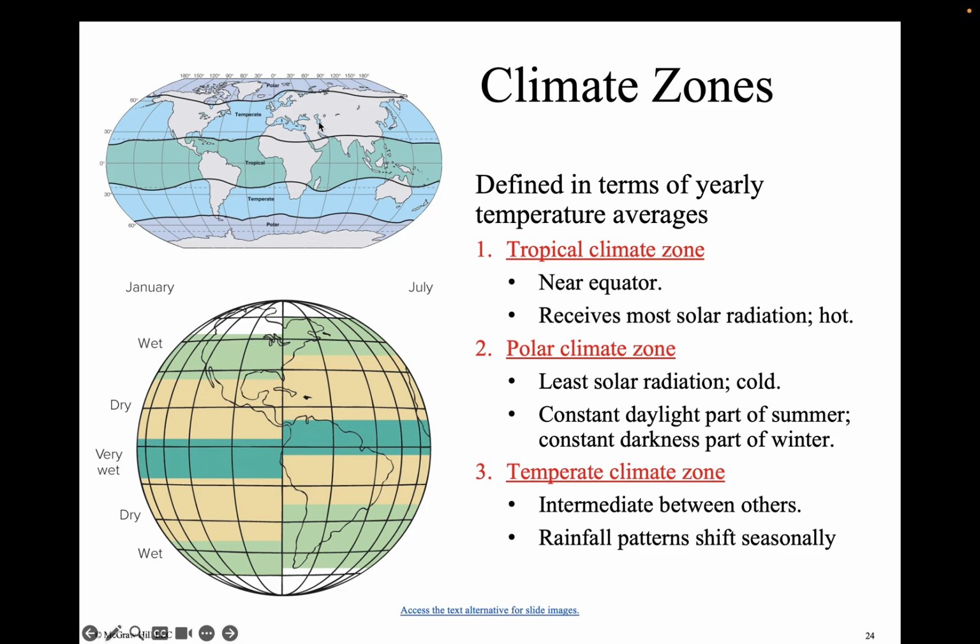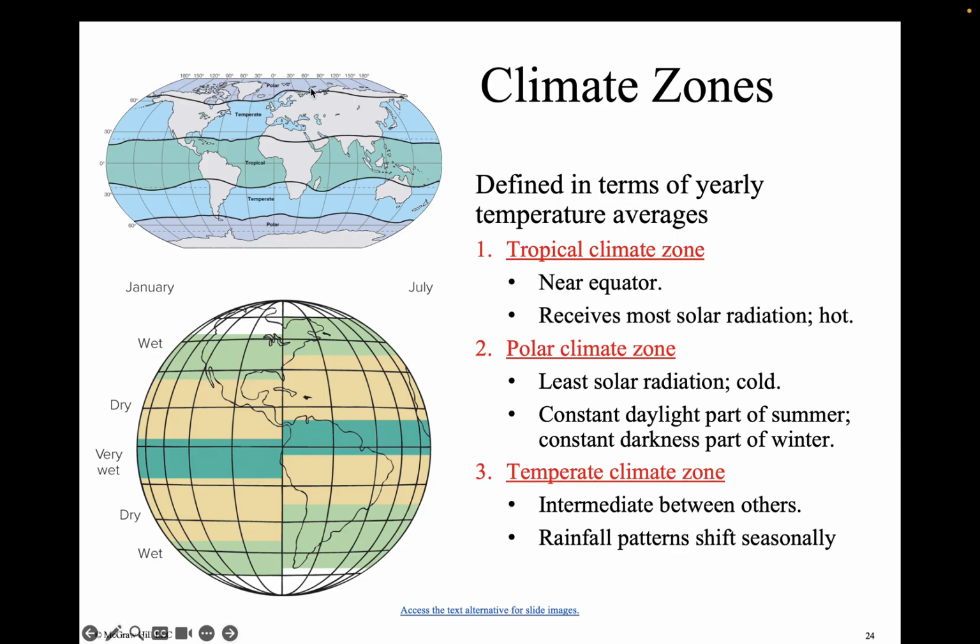Here, temperate means that it's an intermediate zone in between the other two. So patterns here will change throughout the year. Again, you have months of the year where you're going to receive more solar energy, and months where you're going to receive less solar energy.